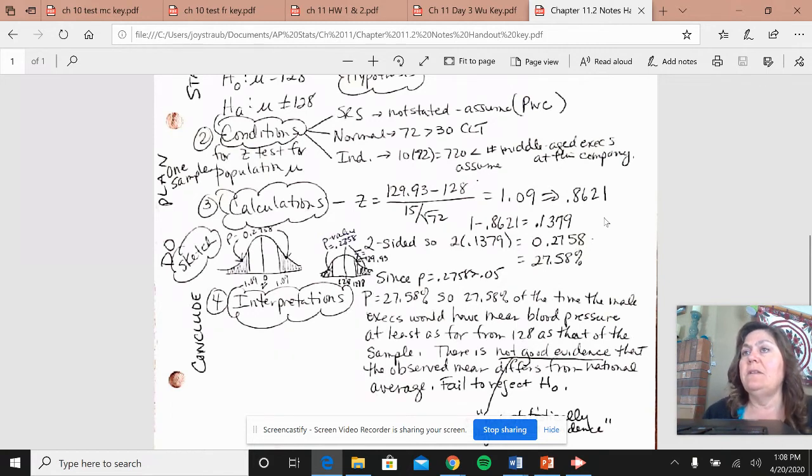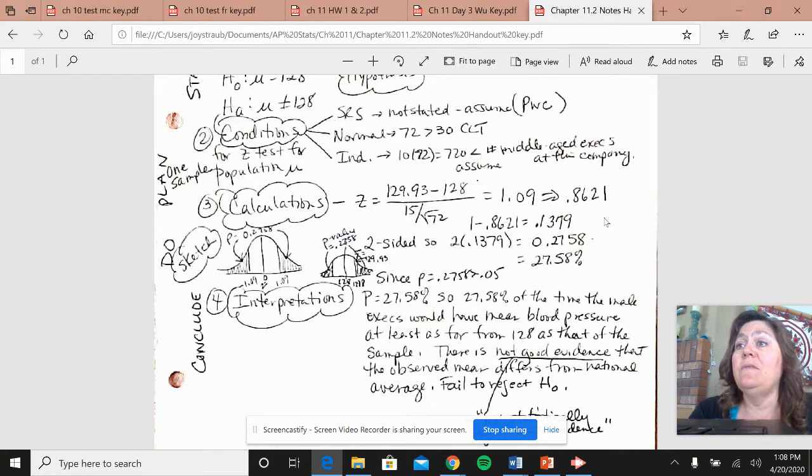At any rate, there it is. The p-value times 2, we get p of 0.2758. That's quite large, quite a bit larger than 0.05. So our conclusion will be, since p equals 0.2758 is greater than 0.05, we do not have statistically significant evidence to reject H0.